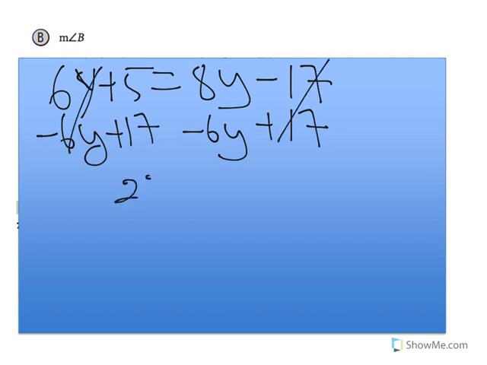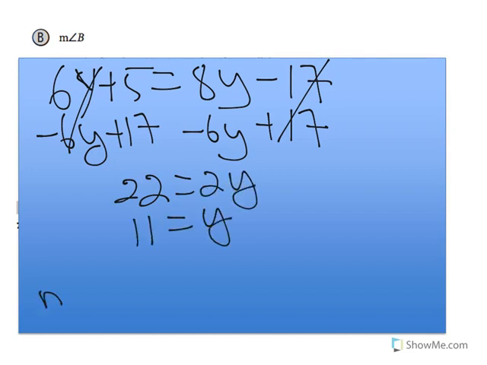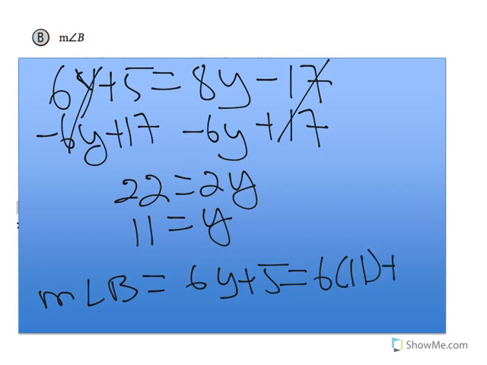So we have 22 equals 2y. So y is 11. But we're solving for B. So the measurement for angle B was 6y plus 5. So 6 times 11 plus 5. So 66 plus 5. So it gives us 71 degrees.